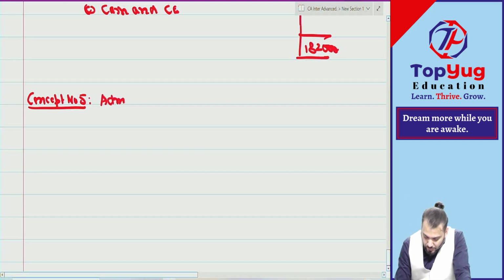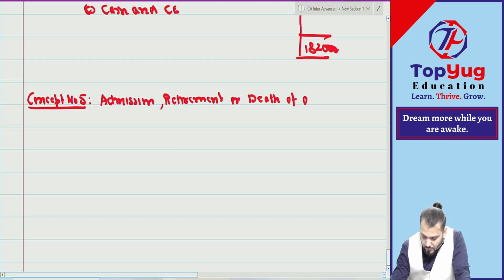Admission, retirement or death of a partner. Correct?